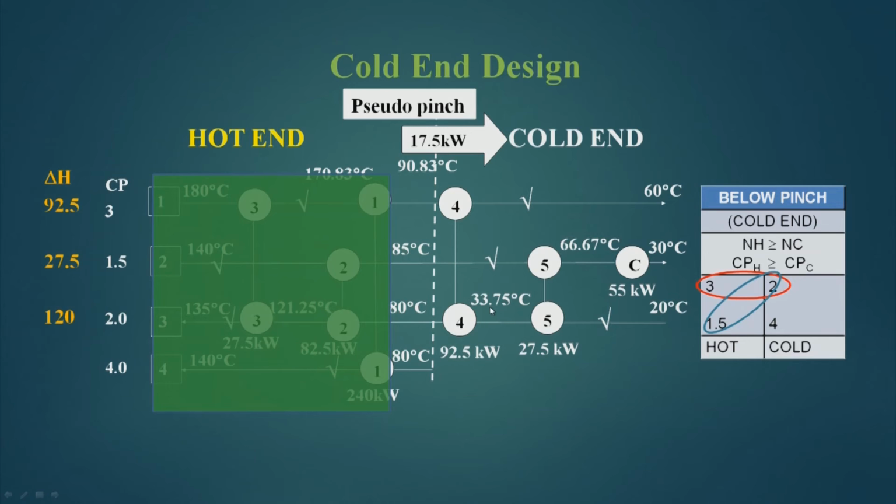Here also we can see that this temperature is 33.75 and this temperature is 85. So, here the delta T minimum criteria is not violated.